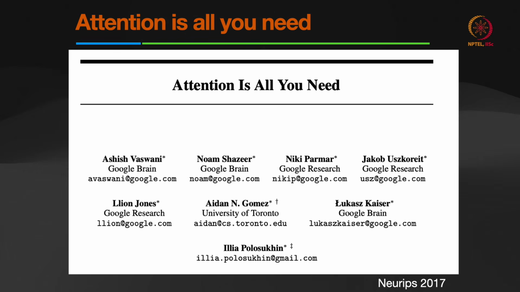When I was preparing these slides a few days ago, this particular paper alone had about 200,000 plus citations, about 2 lakh citations for a single paper. I don't think it has been matched by any other work, to the best of my knowledge. That is the change this work brought to the field.